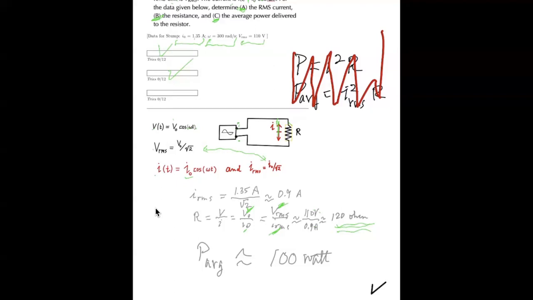So what's the average power? The power will be changing in time because the current is changing in time. So the power will be alternating between some maximum value and 0. Now we want to know the average power. So you just average.